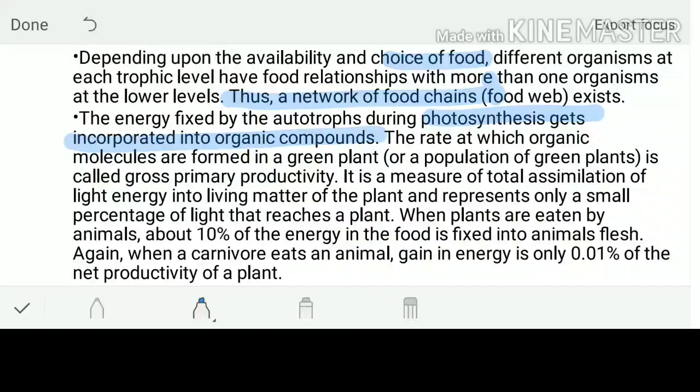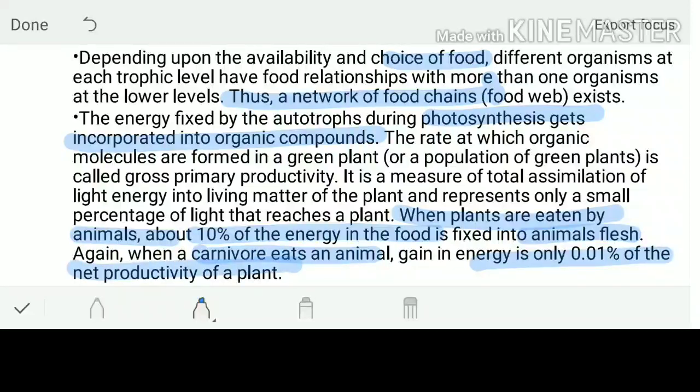Basically, we should know the percentage of the energy which is transferred from one trophic level to the next trophic level. When plants are eaten by animals, about 10% of the energy of the food is transferred into the animal's flesh. And again, if a top carnivore eats an animal, the energy gain is only 0.01% of the net productivity of the plant.